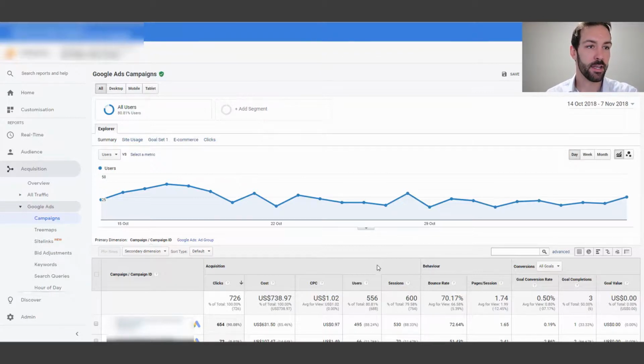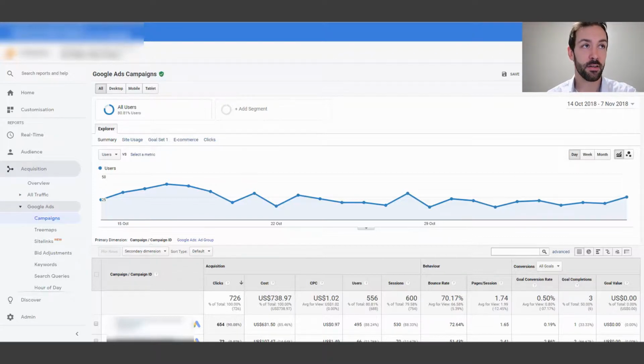So what we can see here is 654 clicks at a spend of $631, just under $1 per click, etc. And we can see the conversion rate is 0.5%, and goal completions are 3. And this is for the time period of the 14th of October to the 7th of November. So let's just say approximately a 3-week period.